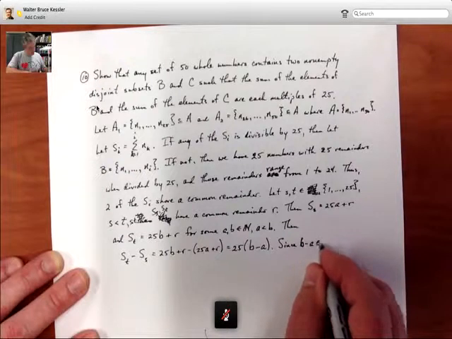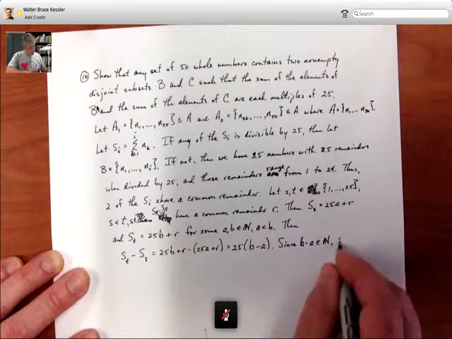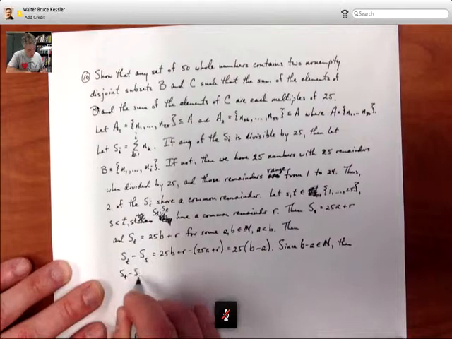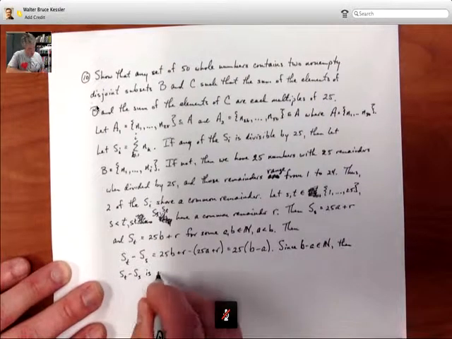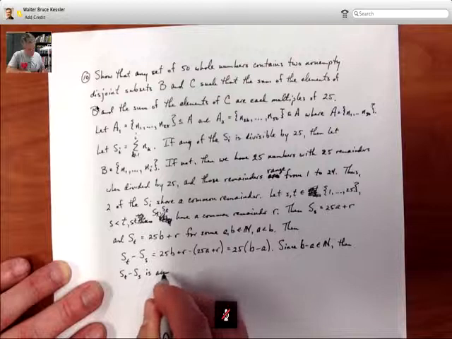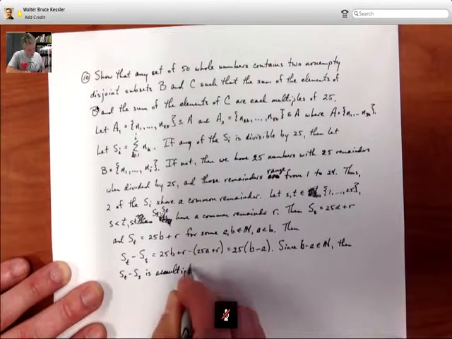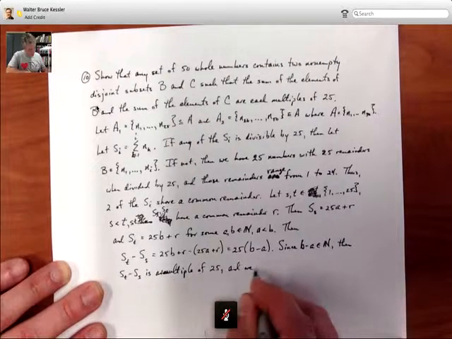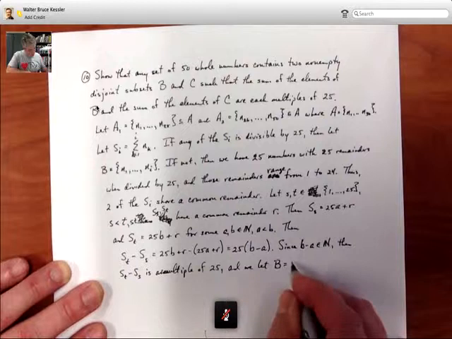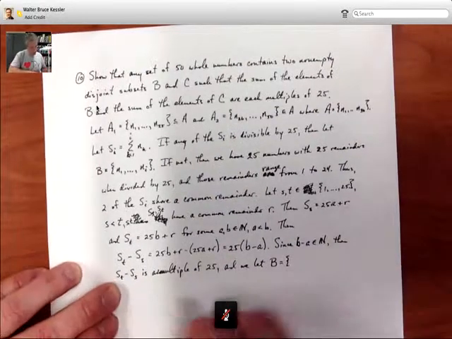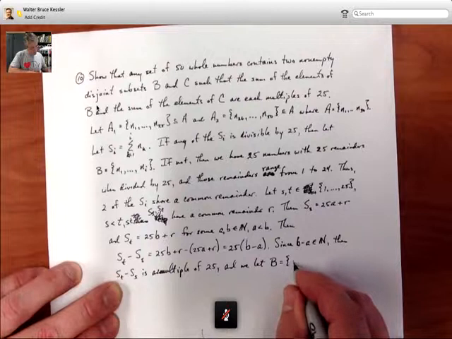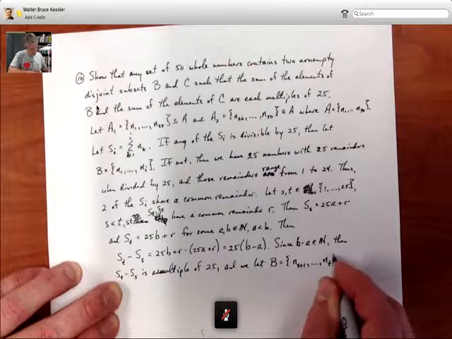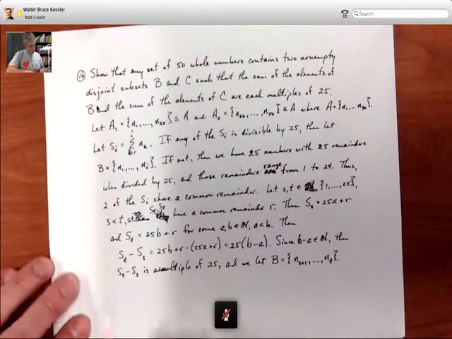Since b minus a is a natural number, then this is a multiple of 25, and we let B equal, I start at s plus 1, and I go up to N sub t.